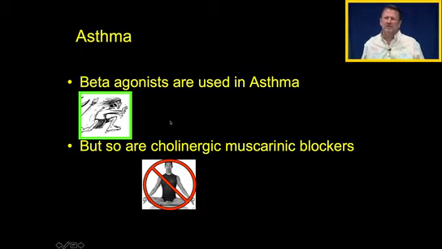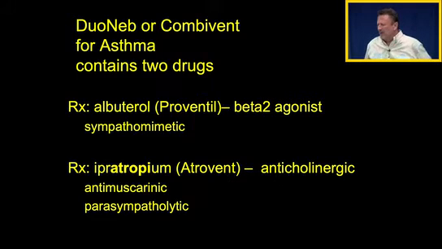So you're going to see 2 separate classes of drugs used as short-acting rescue inhalers, short-acting bronchodilators, and one of them is albuterol, a short-acting beta agonist. It's a sympathomimetic, but we'll also use ipratropium, a synthetic form of atropine, as a bronchodilator as well.